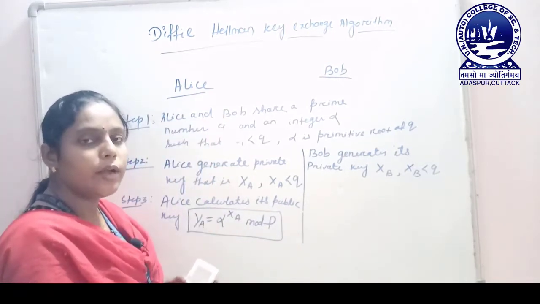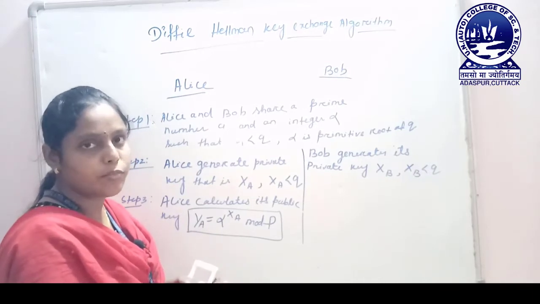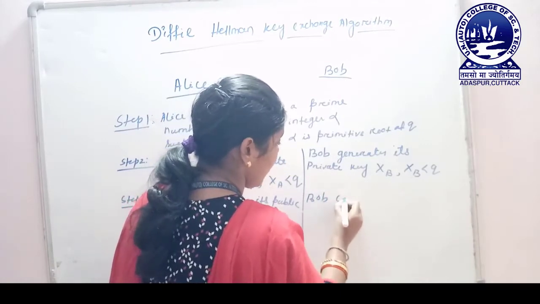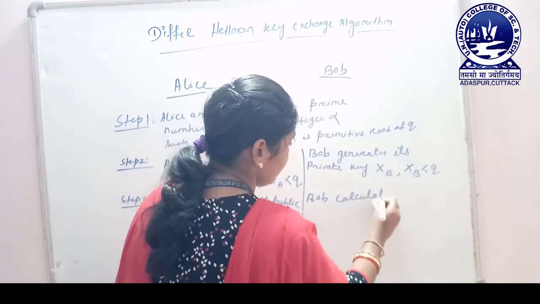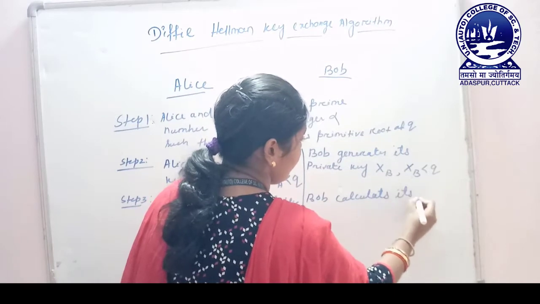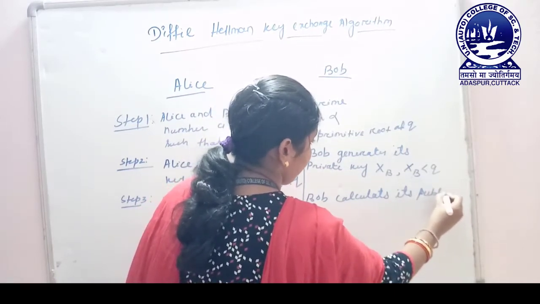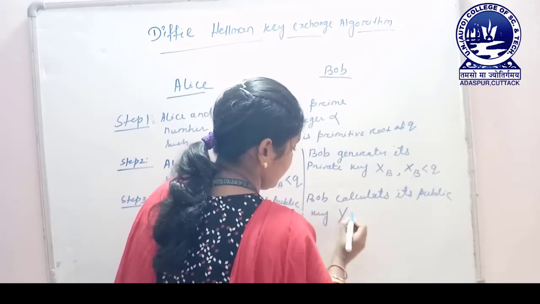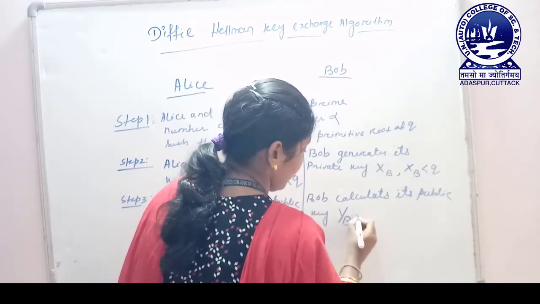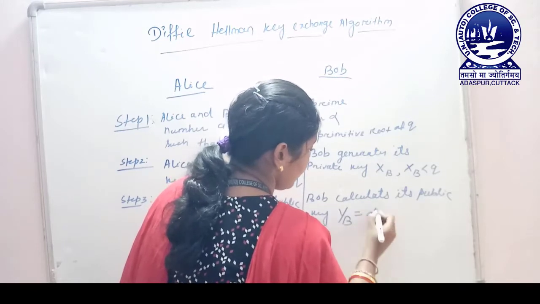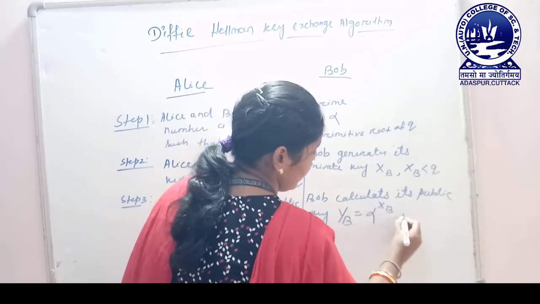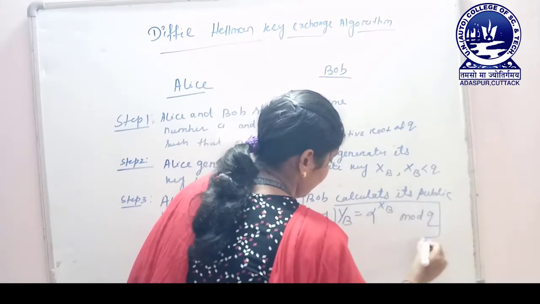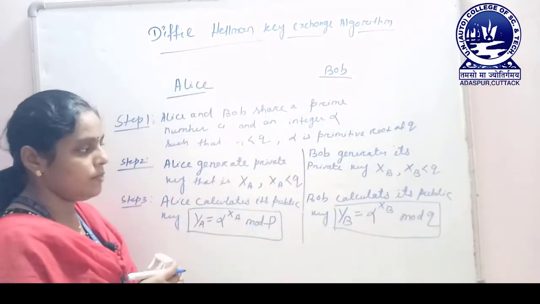In a similar way, Bob also calculates its public key, that is YB equal to alpha to the power XB mod Q. This is the public key for Bob.